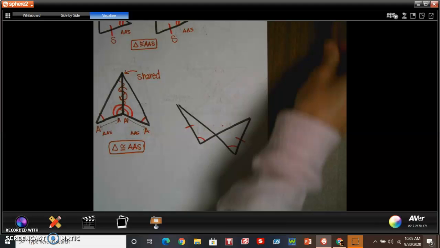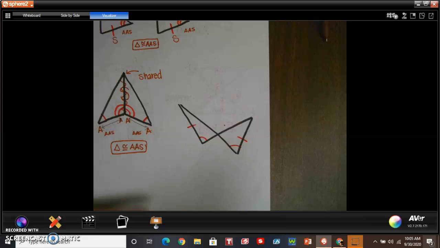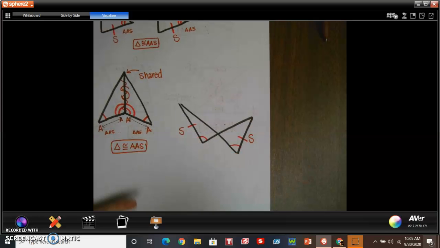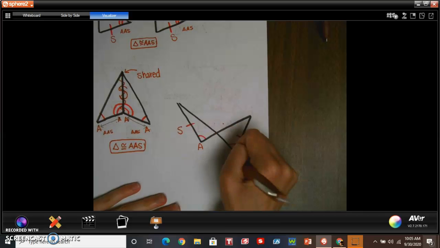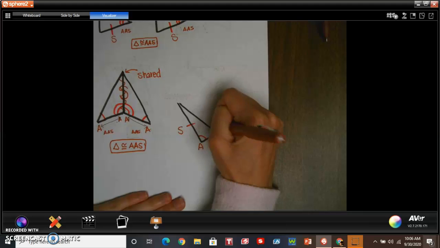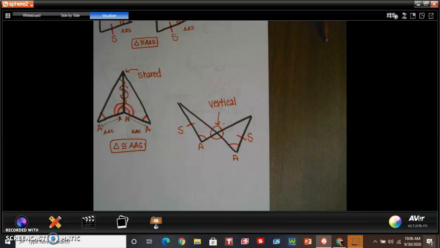All right, so when I look at this one, first thing I notice, dash marks. They match. I'm going to give them an S. I have 1 arc. I'm going to give those an A. Then I also notice I got my bow tie going on, which means these are vertical. If they're vertical, they're equal.